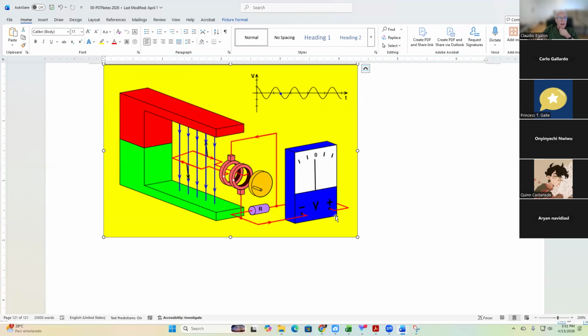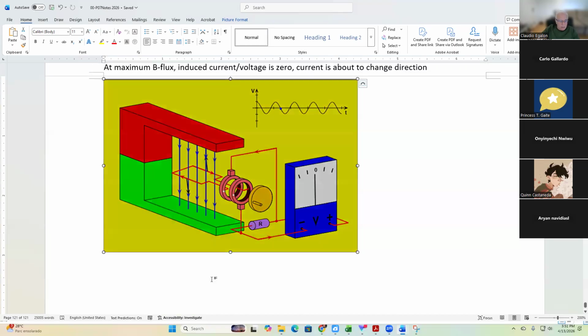Copy the situation at maximum flux, in between maximum and zero, at zero flux, and the other side as well, just like I am doing here. And that's how you learn about how the generator works. And in the process, the current has to switch direction.